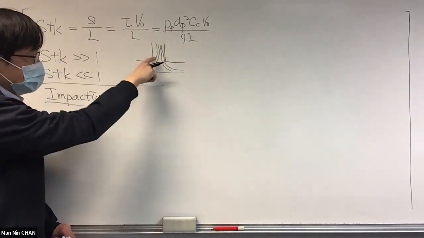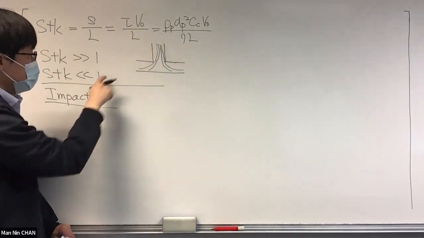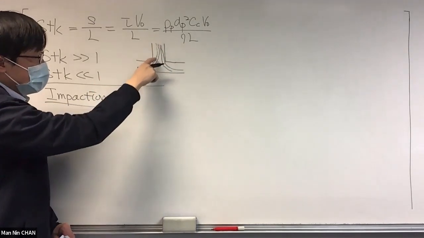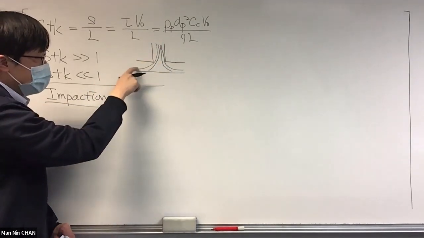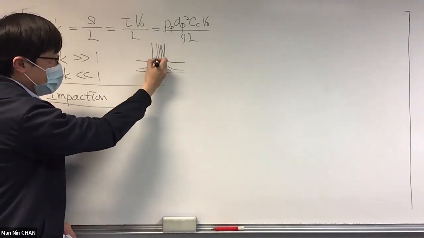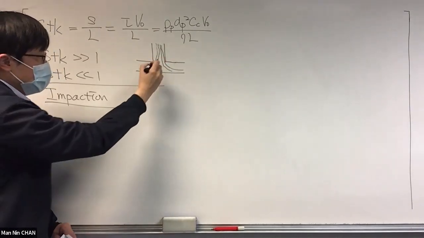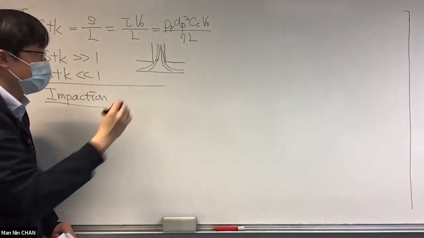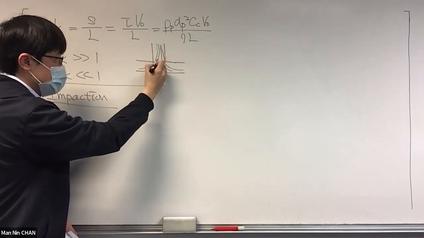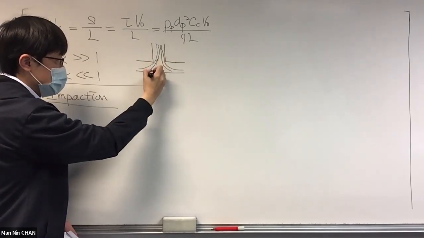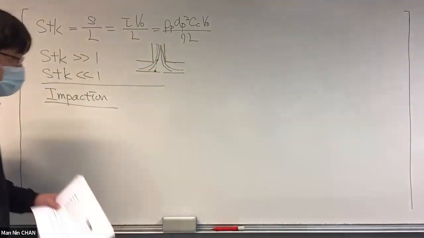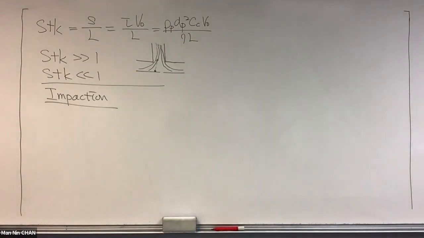Of course, we know for small particles, that means the Stokes number is small, they can just follow the streamline without collection. But for large particles, because of the inertia or the momentum, they cannot adjust their flow or velocity. So they are collected by what we call impaction. Therefore, impaction is very important.